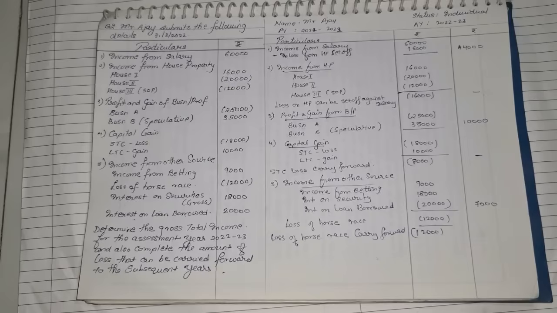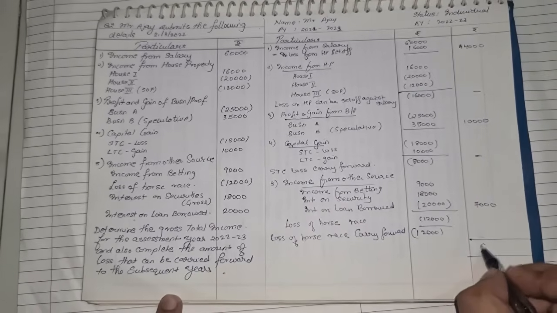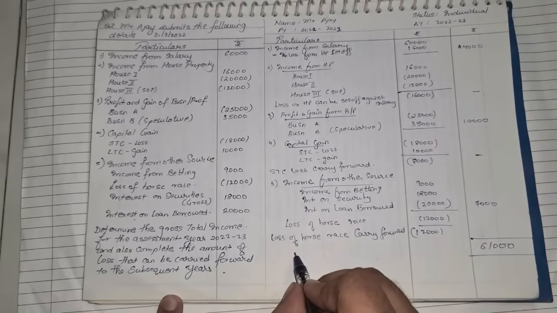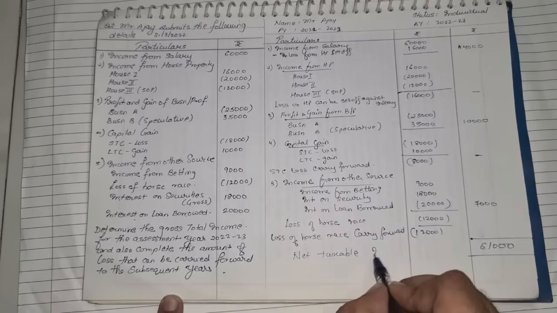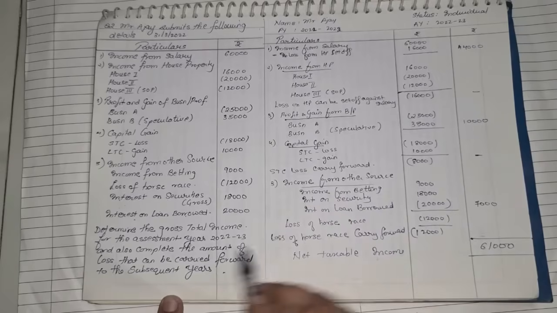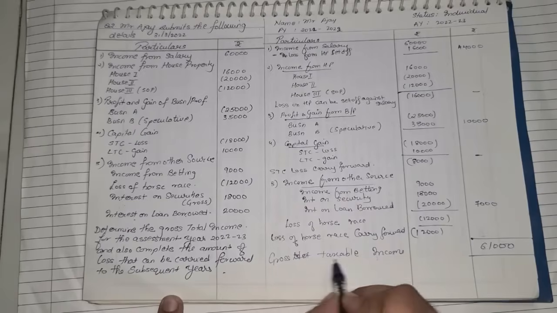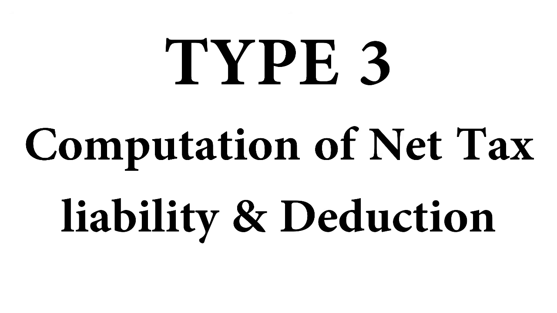So that's our taxable income. That's our final answer. Here they have asked us to find the gross taxable, so this will be a gross taxable income. So this is how we need to solve the sum based on set off and carry forward.